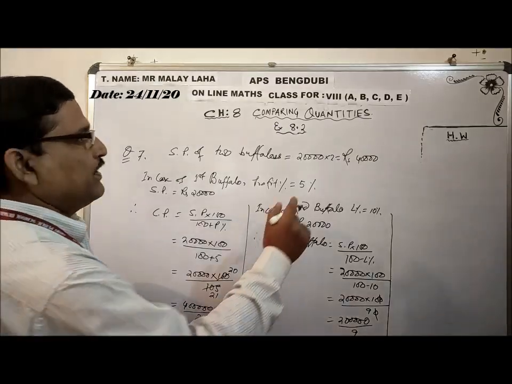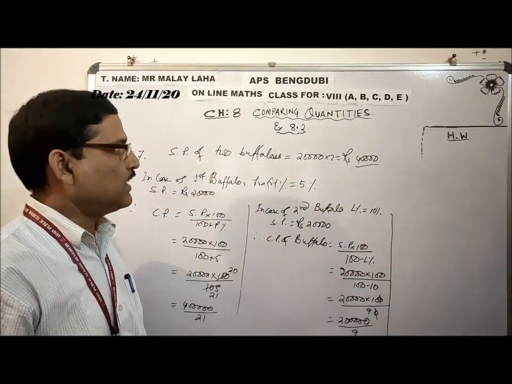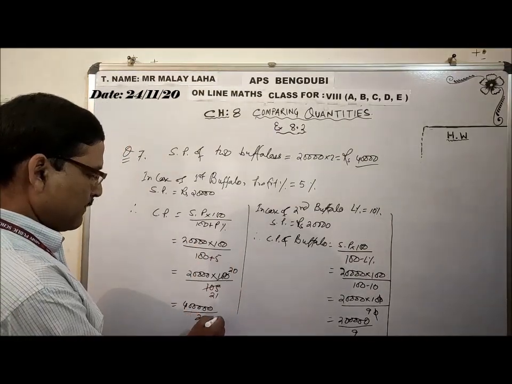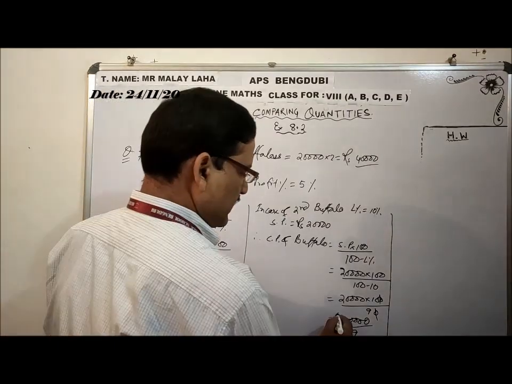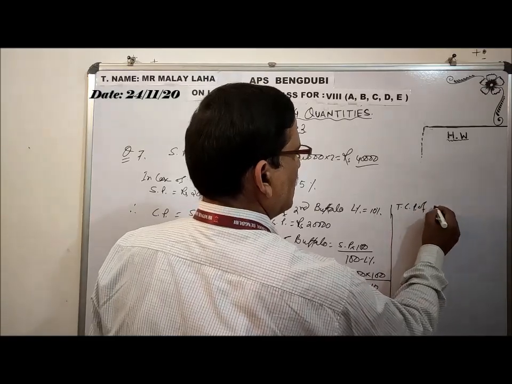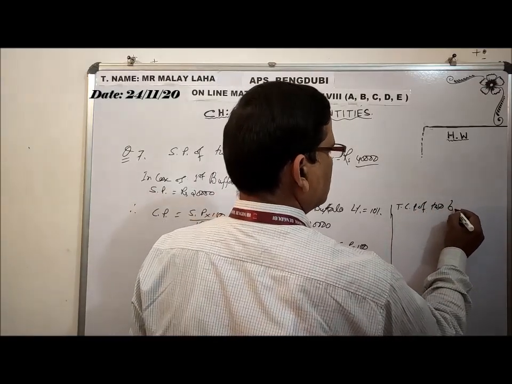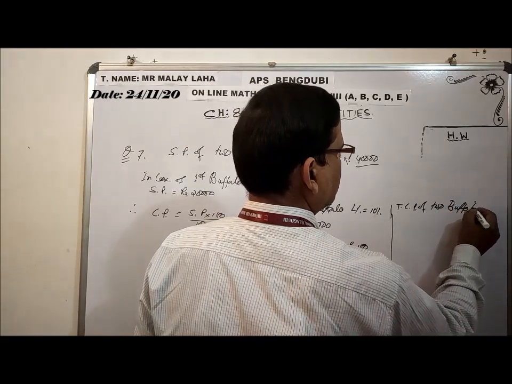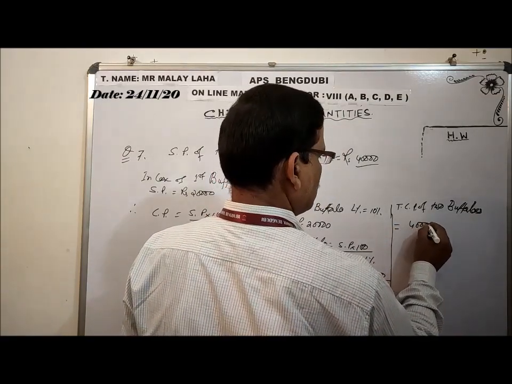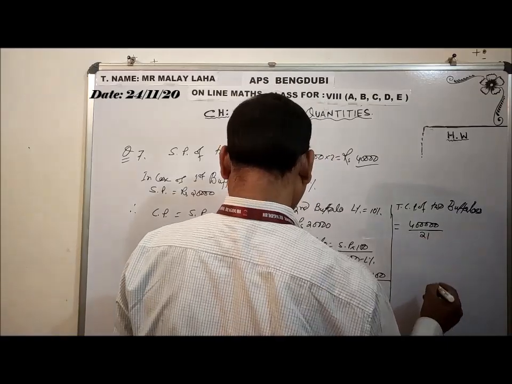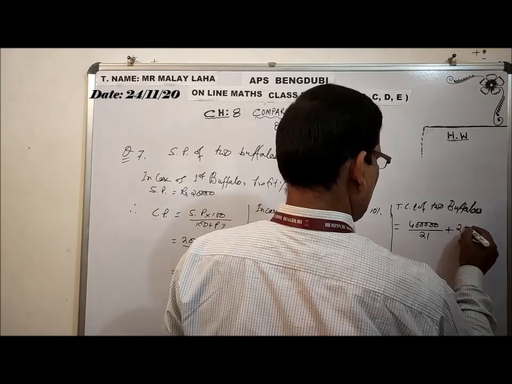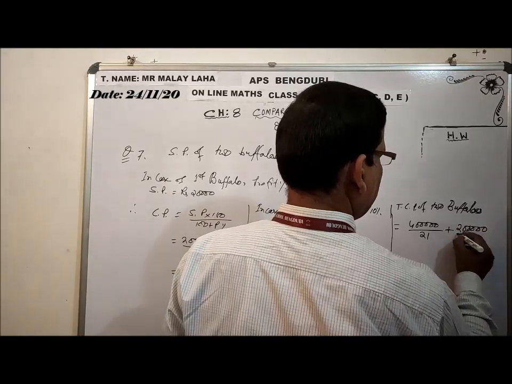Now what to do? You have to add. You have got the cost price and selling price of the two items, and I am getting the cost price in two steps. In the first step it is this much in rupees, and it is also there in the second. Therefore the total CP of the two buffaloes equals, for the first one, 4, 1, 2, 3, 4, 5 by 21, and here 2, 1, 2, 3, 4, 5 by 9.